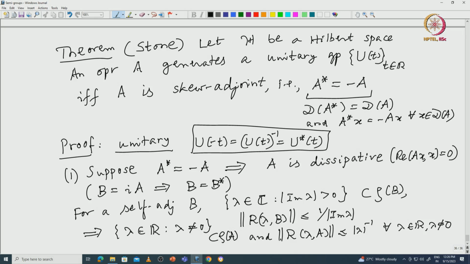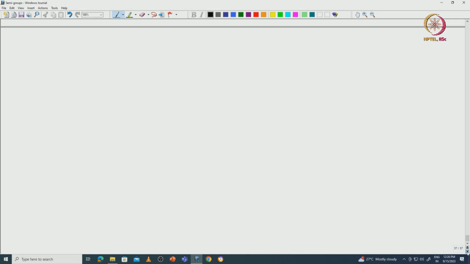From there you just conclude that A and minus A generate contraction semigroups, and from there, again using the earlier exercise, you see that A generates a unitary group. A few more steps, and we conclude that A generates a unitary group.